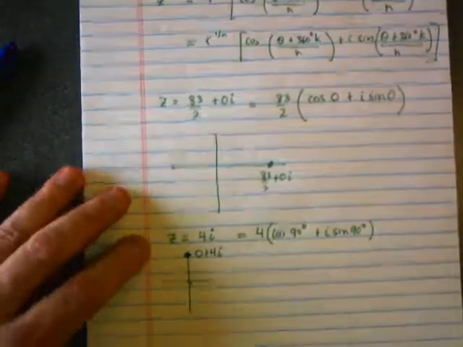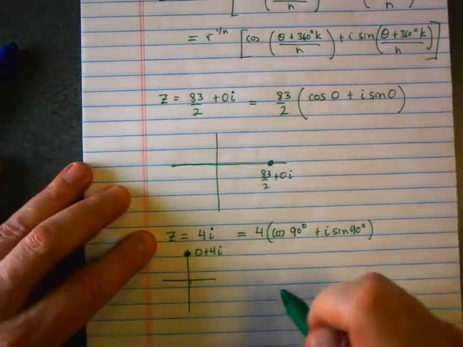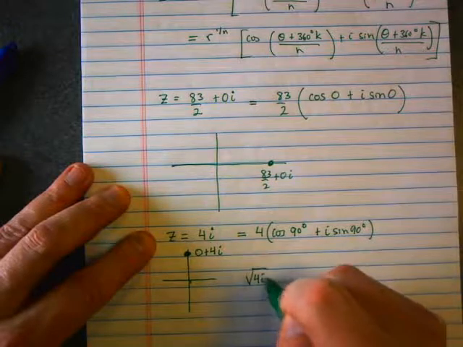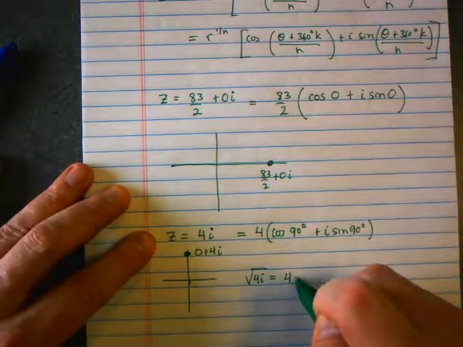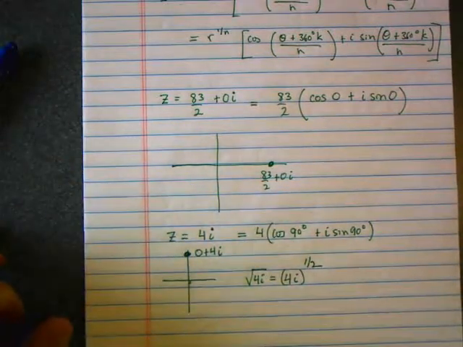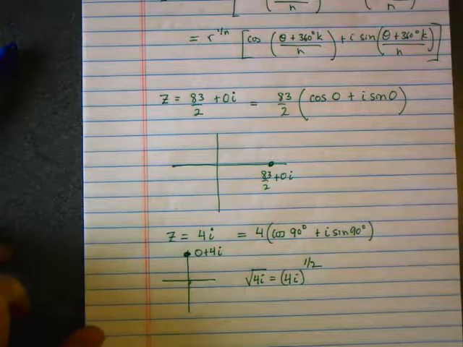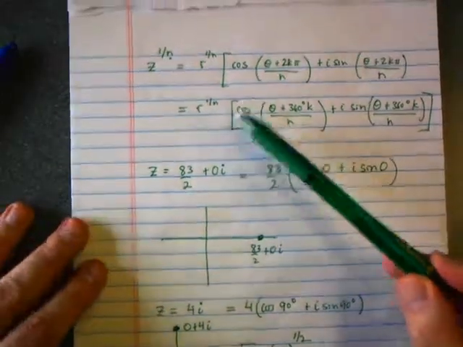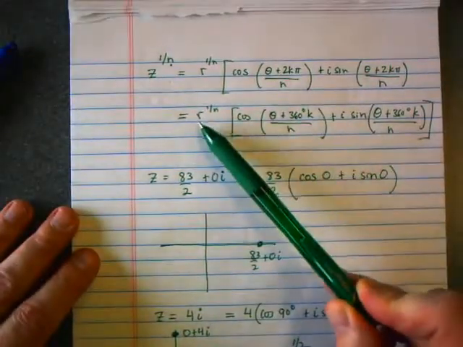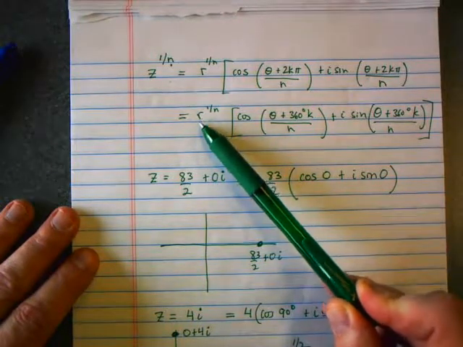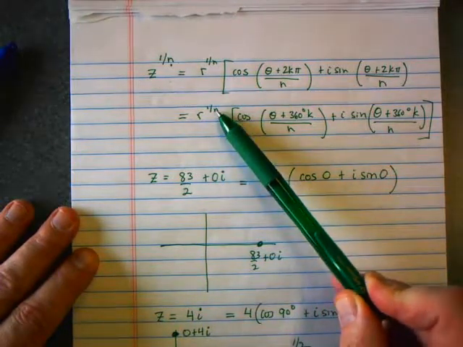Okay, so if I want to do the square root of 4i, that's 4i to the 1/2 power. And according to this rule up here, if I'm dealing in degrees, I take the distance, our distance is 4, and I do it to the 1/2 power.